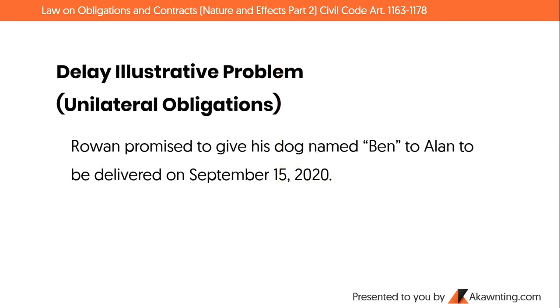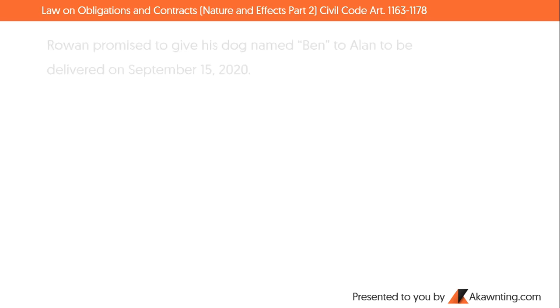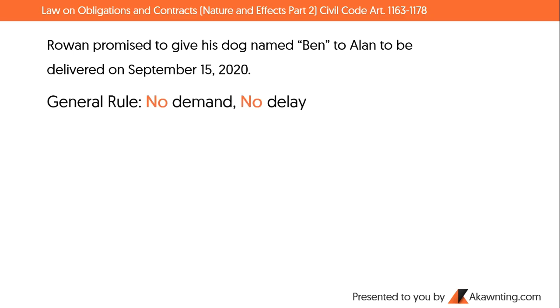So, unahin muna natin ang unilateral obligation. So, delay, illustrative problem. So, Row 1 promised to give his dog named Ben to Alan to be delivered on September 15, 2020. Okay. So, let's analyze the situation. So, general rule, no demand, no delay.